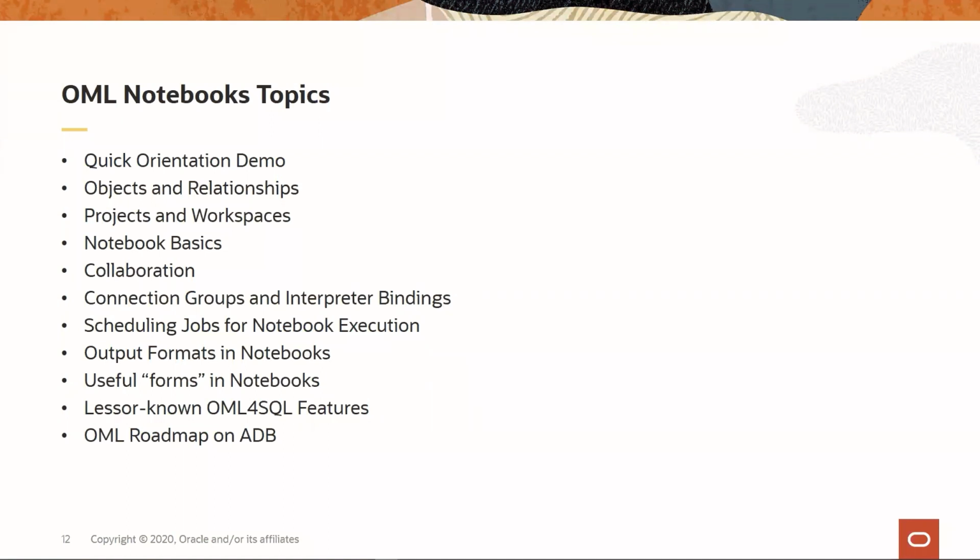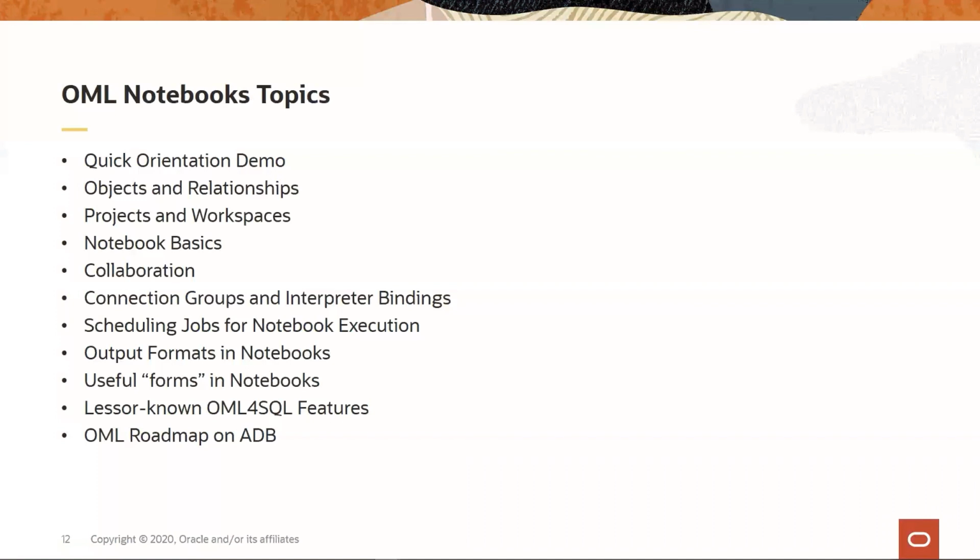The idea is to give you a quick orientation demo, so you have a feel for what the notebook environment is like. Then talk about objects and relationships: what are the different types of entities that we deal with in the OML Notebooks environment, and how do they relate to one another? We'll then talk about projects and workspaces, some notebook basics, collaboration, connection groups, and interpreter bindings.